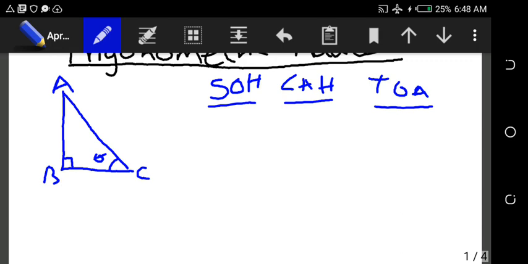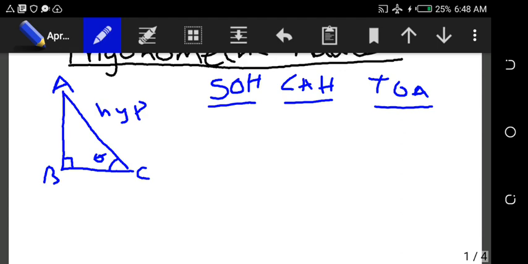Now, the side that is always across the right angle, this is a right angle here, so the side that is facing the right angle is always the hypotenuse. In other words, this longest side is the hypotenuse. So it's always the side that is across the right angle that we refer to as the hypotenuse.